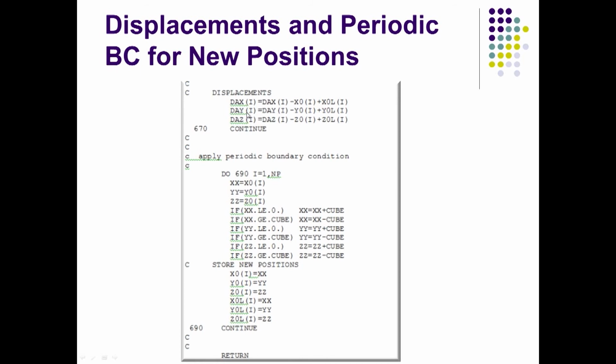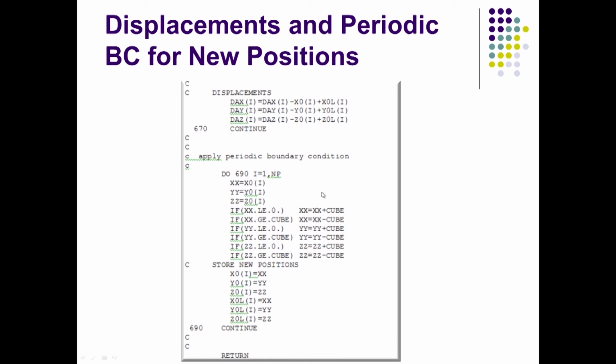That is an important factor, that the way we apply this periodic boundary condition is again looking at the box delta x, delta y and delta z displacements in your code, and then you look at all the positions x0, y0 and z0 initially, and then we apply the periodic boundary condition that if x(x) is less than or equal to 0, then x(x) is equal to x(x) plus cube.